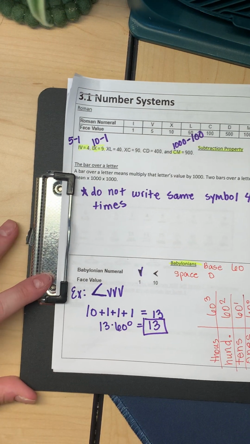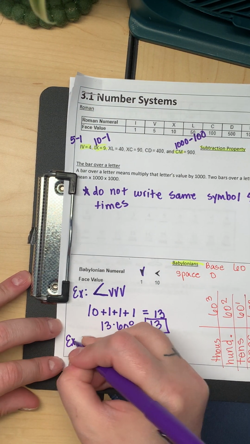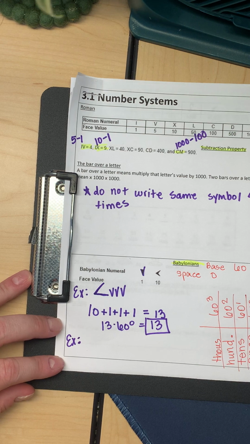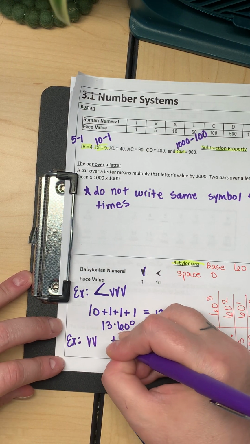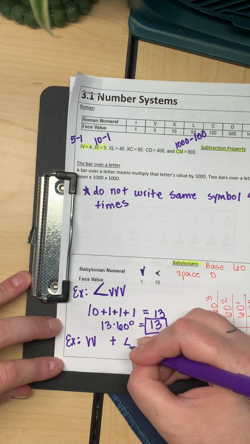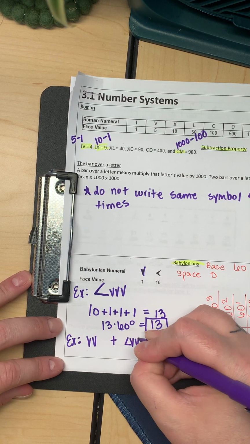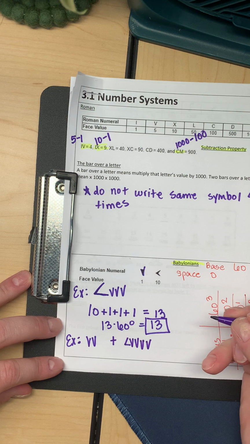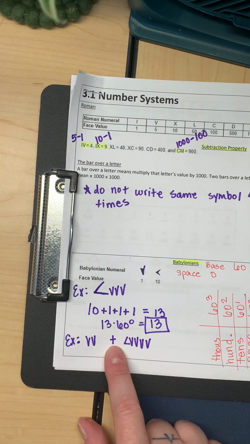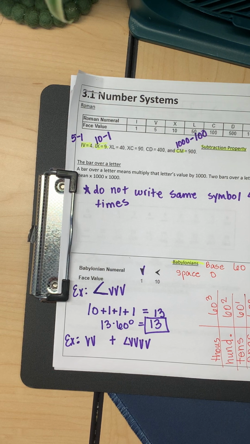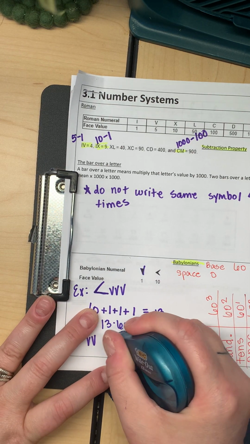Okay, let's do another one with a space, because that's what's probably going to confuse us. Let's say I have two V's, a space, then an alligator and 4 V's. This plus is not supposed to be a plus, it's just supposed to be a space.